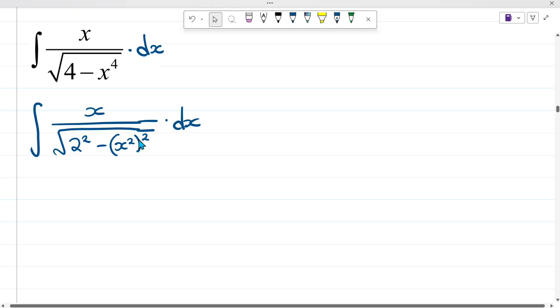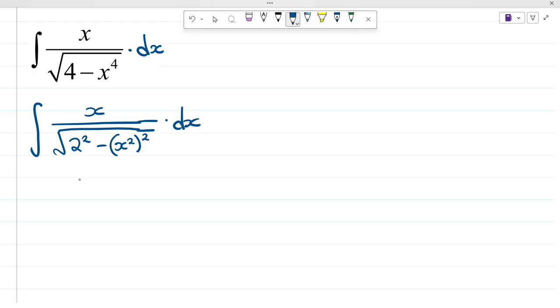So if for this case we let x squared be our f of x, then we need to force the numerator to be the derivative of this f of x. So f of x is x squared, so the derivative of x squared, what is it? It's 2x, right? Since we already have x, we can just create the coefficient, the 2.